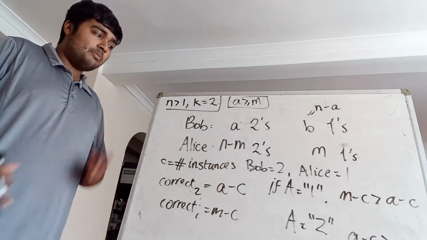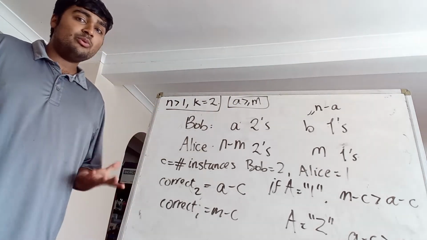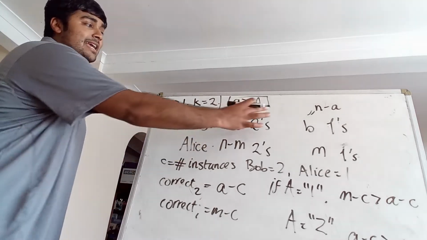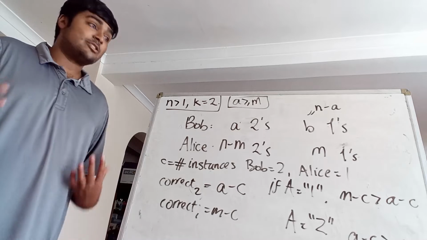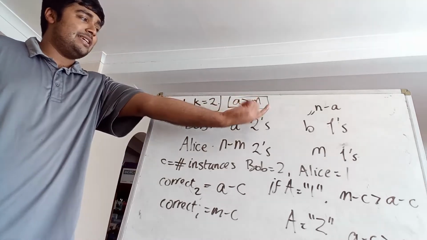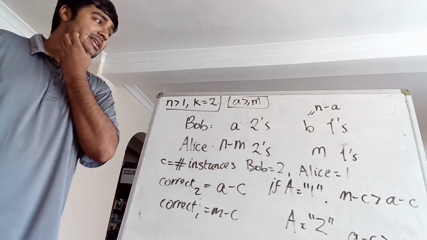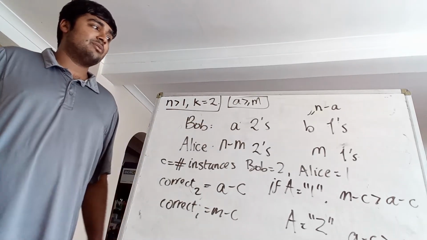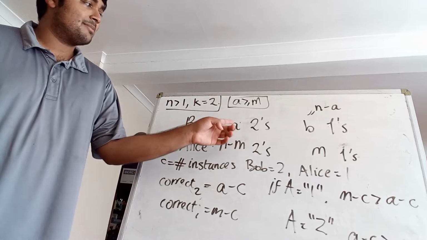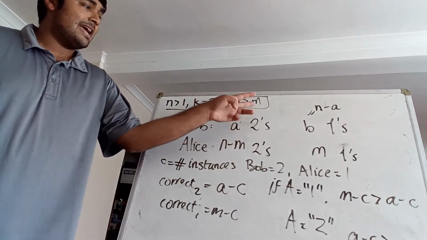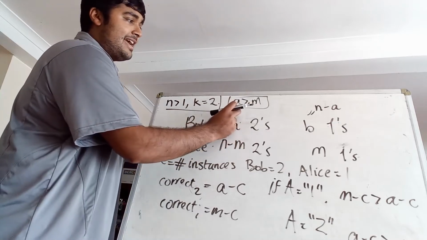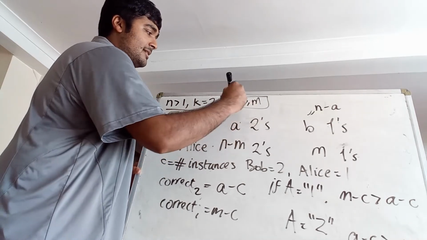So when Bob makes a query, the only piece of information we're able to extrapolate based off of Alice's response is whether this inequality is true or not. But what is this inequality saying? A here is just the number of 2s in Bob's guess, and M is just the number of 1s in Alice's actual code. So we could perhaps rearrange this and say that M we know is just N minus, A is just N minus B, perhaps.